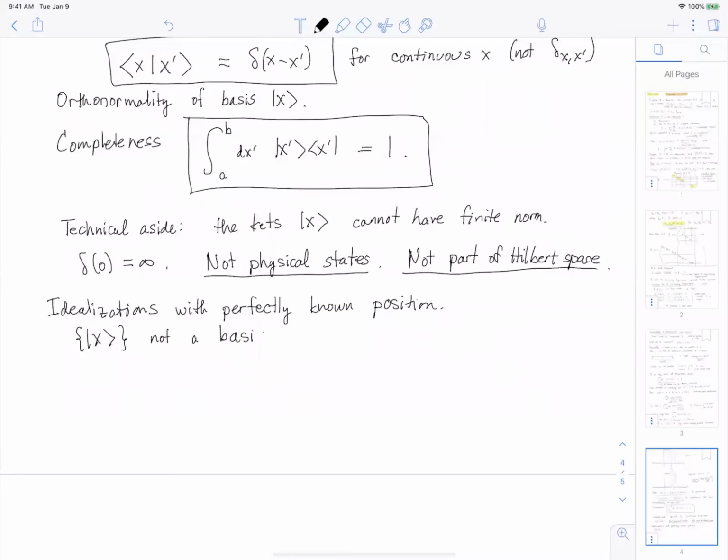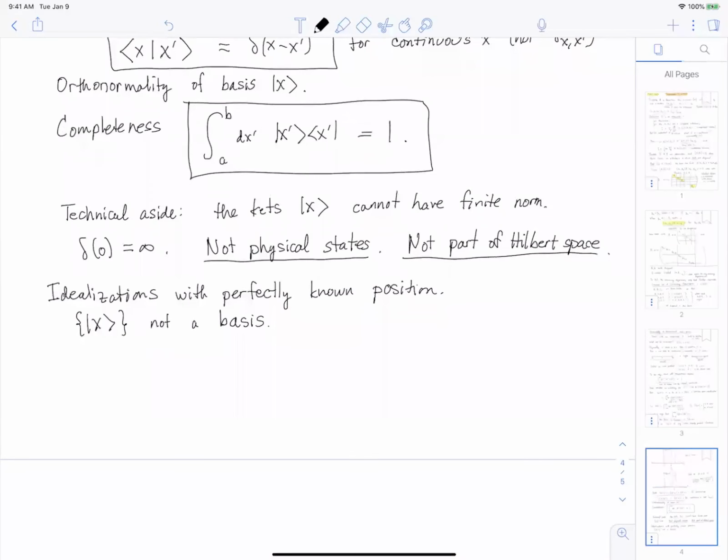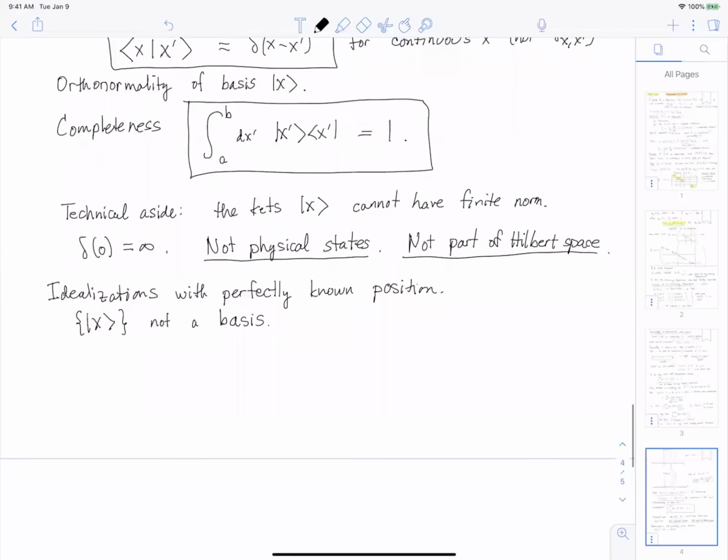I think somebody earlier in the course had asked about this, and I alluded to this fact before, that although we often pretend otherwise, these are not physical states, they're not part of the Hilbert space, they don't form a basis, but we're going to use them anyway because they satisfy all the other properties that we would want.